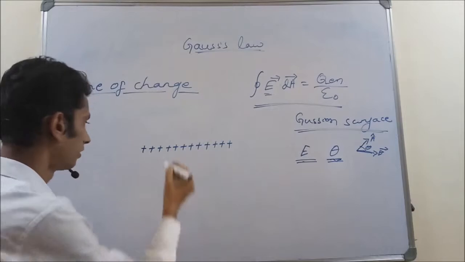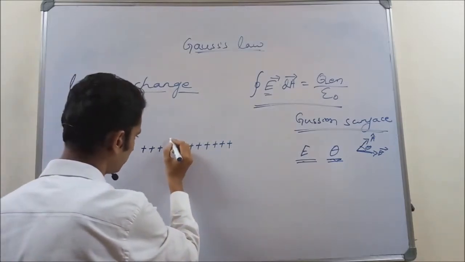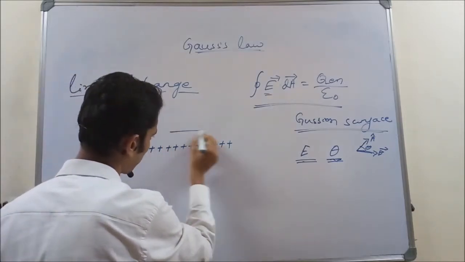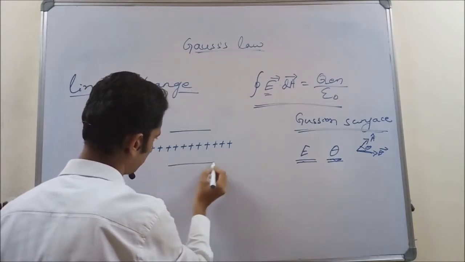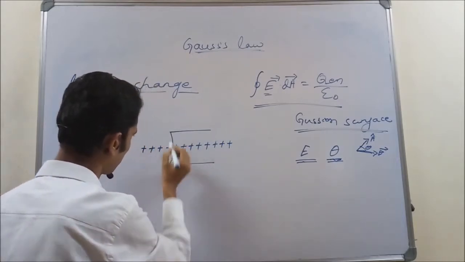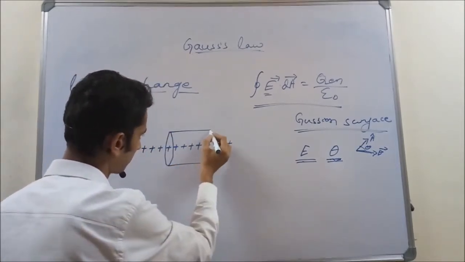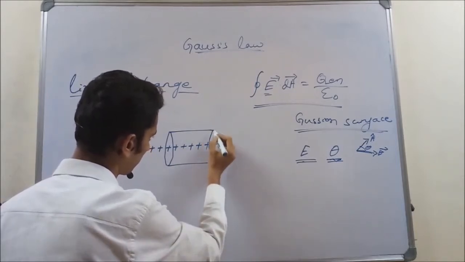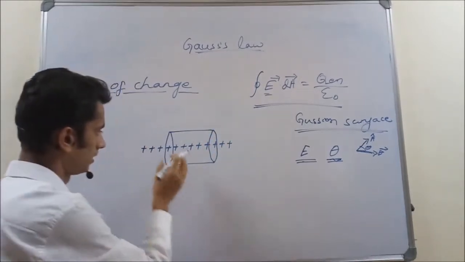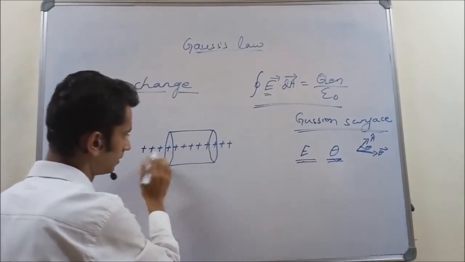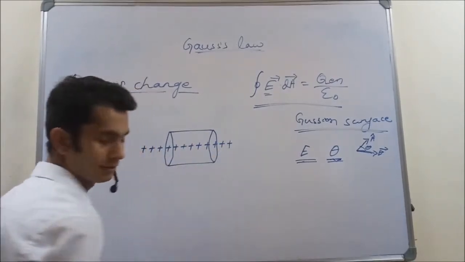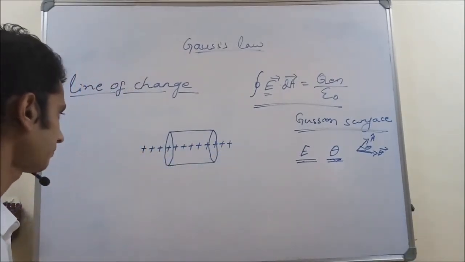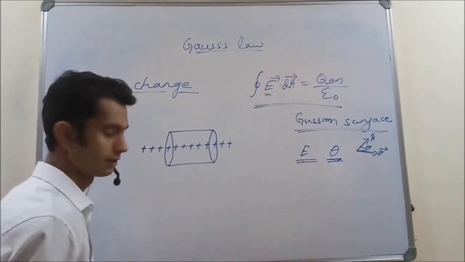So if we take a cylinder as our Gaussian surface, and we place the line of charge at the center of the cylinder, then what will happen?